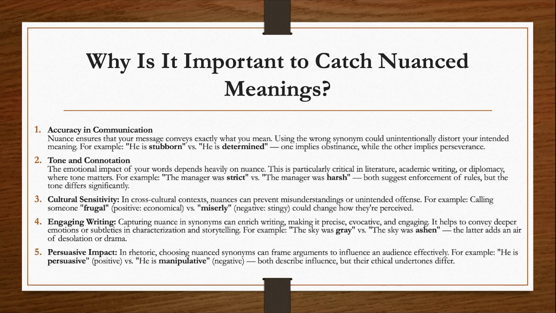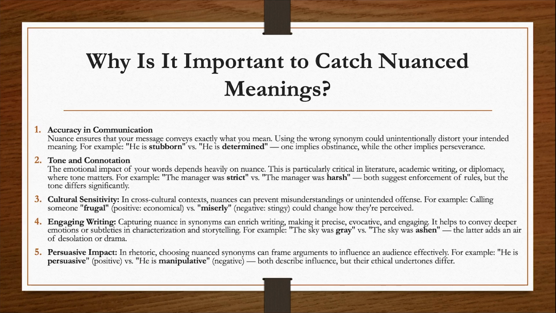Okay, calling someone persuasive puts them in a positive light altogether, whereas calling someone manipulative makes them stand in a negative light. So, these two words, though they could mean more or less the same, have extremely different connotations.